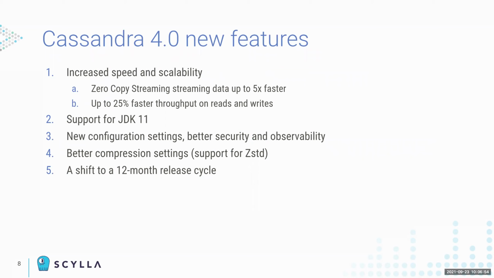So first, let's cover some new features that were introduced in Cassandra 4. First of all, Cassandra 4 has increased speed and scalability. So 2 points that prove that claim. First, Cassandra 4 has introduced zero-copy streaming, which allows you to stream data between nodes.